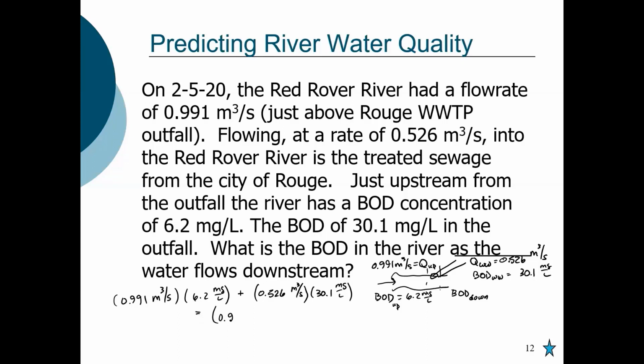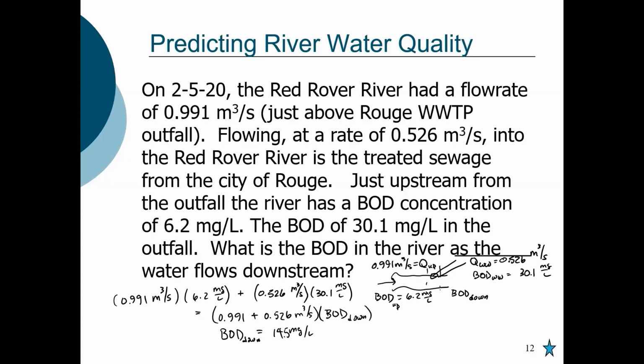We can add up our flows. Okay, and we're looking for the BOD downstream. And that is simply then equal to 14.5 milligrams per liter. So that's the BOD down.